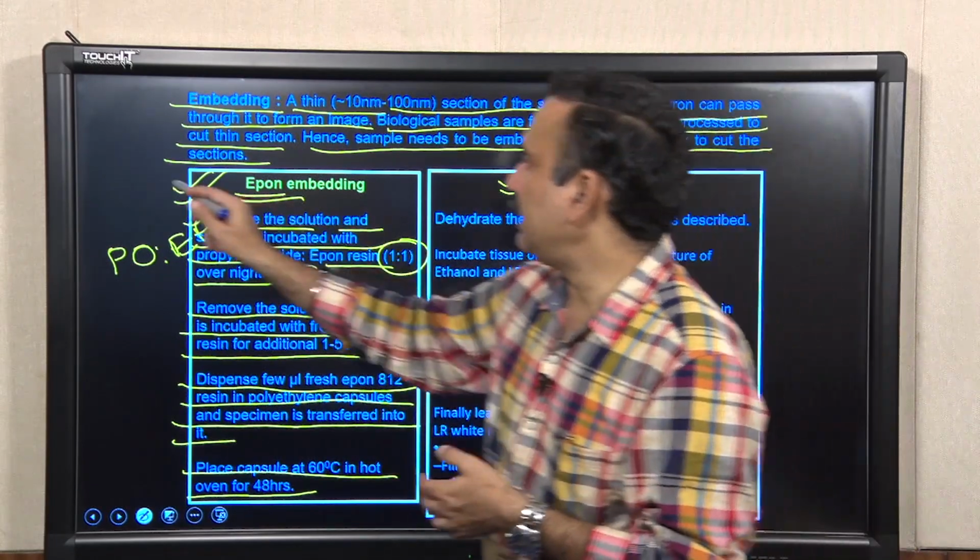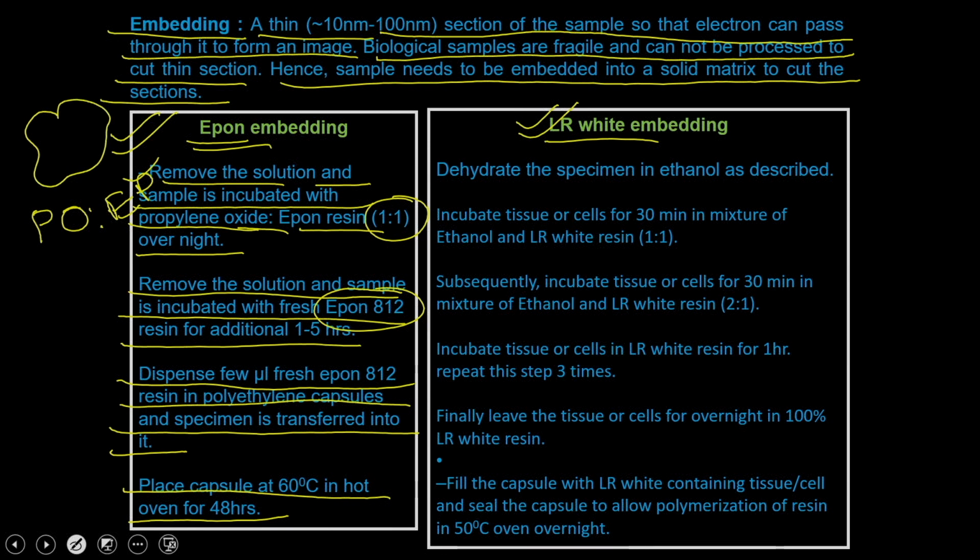You can imagine that if I have a cell with a mitochondria, a chloroplast and a nucleus, all this material is now being replaced by alcohol, because you are doing the dehydration steps. Then you put this into a mixture of propylene oxide and epoxy resin, so all this alcohol is replaced by the epoxy. That way you are providing strength to the sample, not only from outside, but from inside as well.